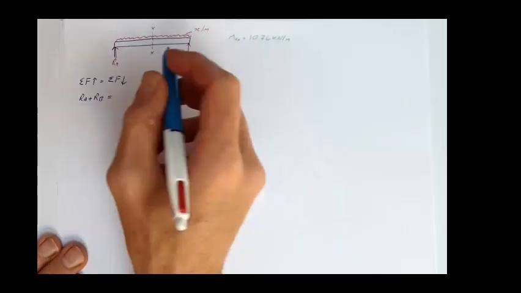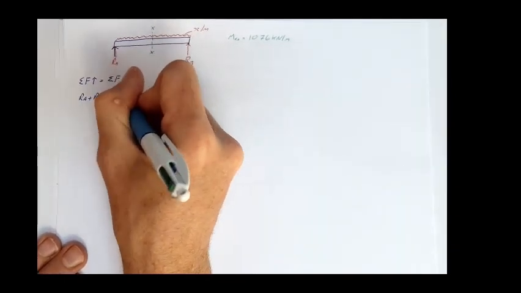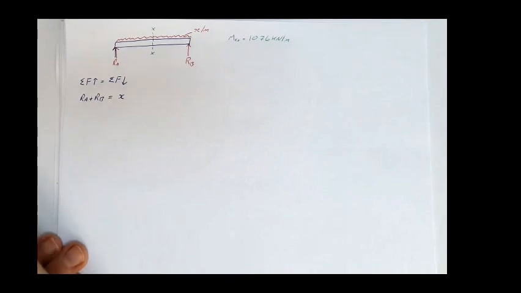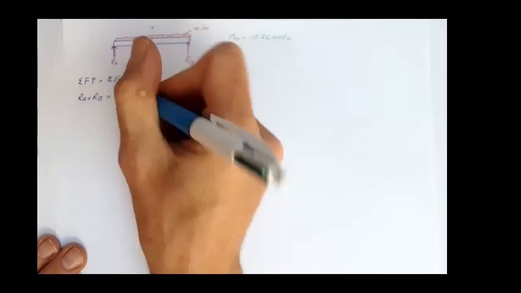The sum of my downwards forces is x newtons per meter times the length of this beam. How long is this beam? This beam is 5 meters long, so times by 5.